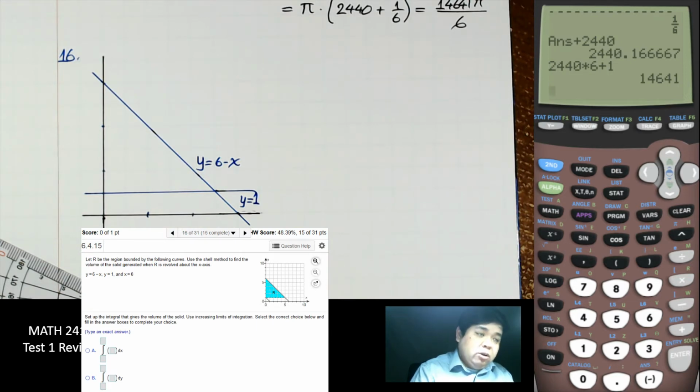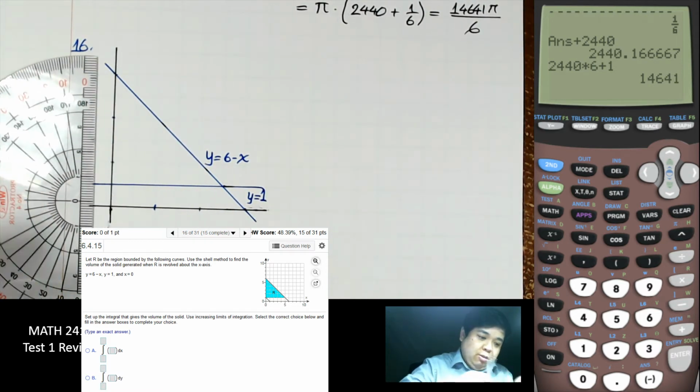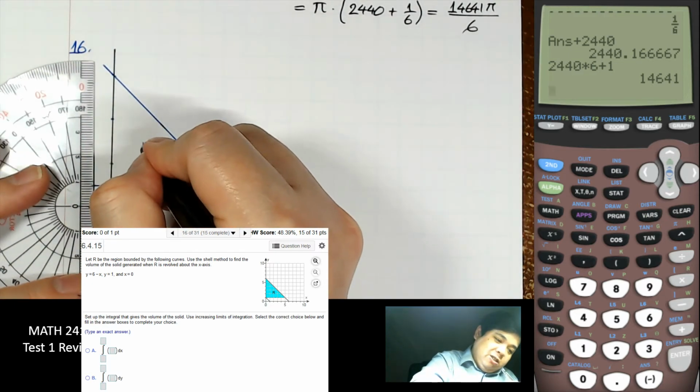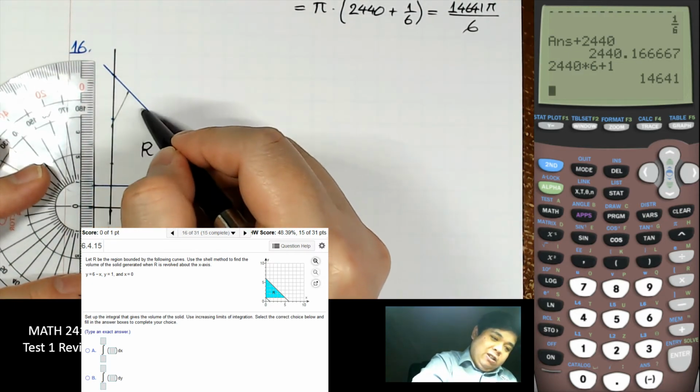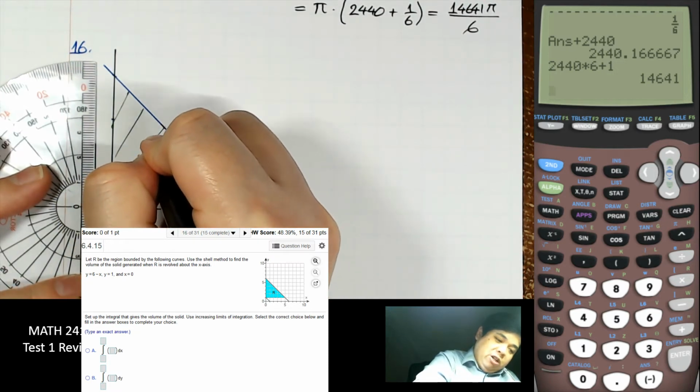And x equal to 0. The vertical. That is the script region R.